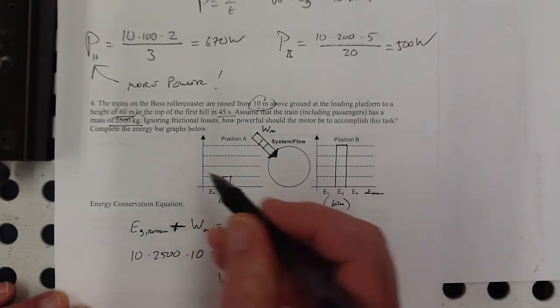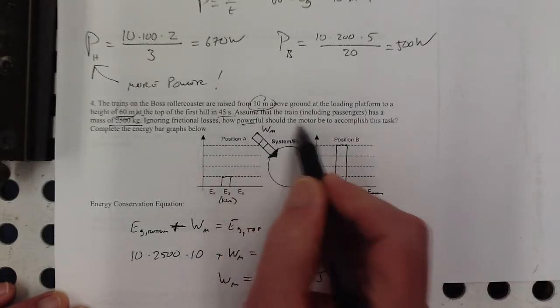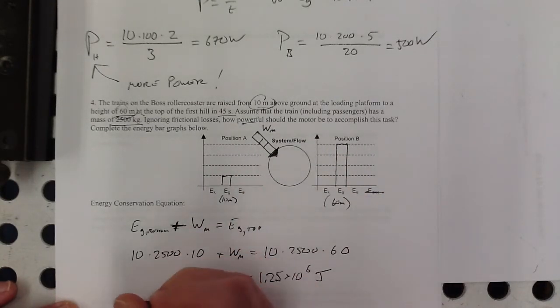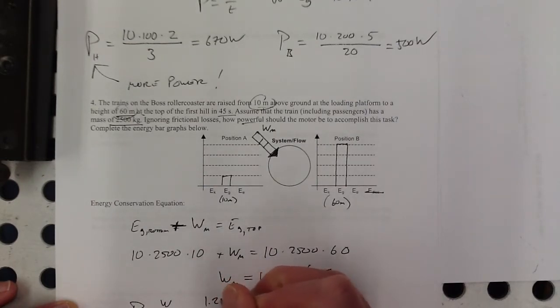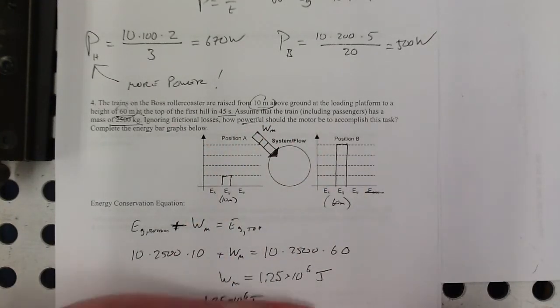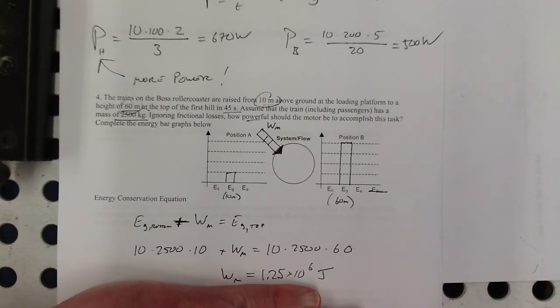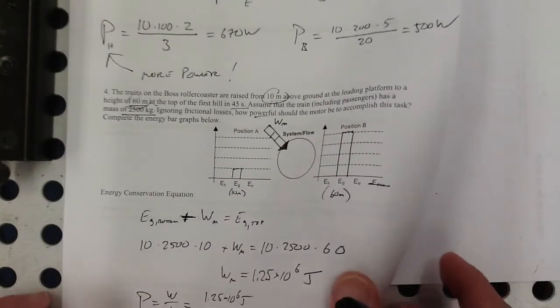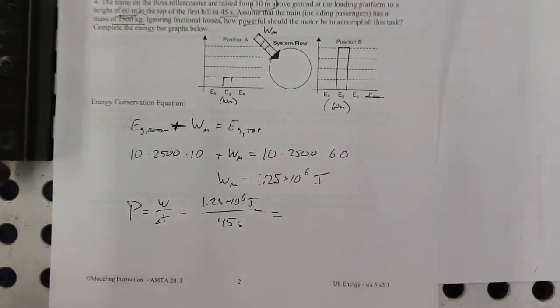And the power, how powerful should the motor be? The power is equal to work divided by time. So that's 1.25 times 10 to the 6 joules of work, and we want to do it in 45 seconds. So this is our new move, right? We knew how to do everything up to that point already, and now we're just saying, if we want to know power, we just divide by that time.